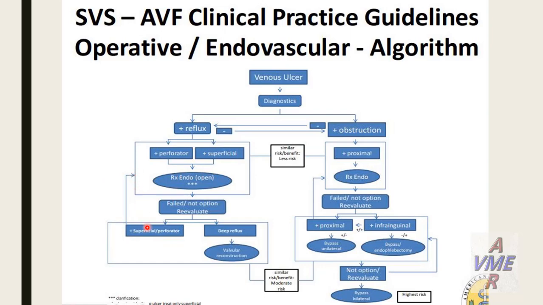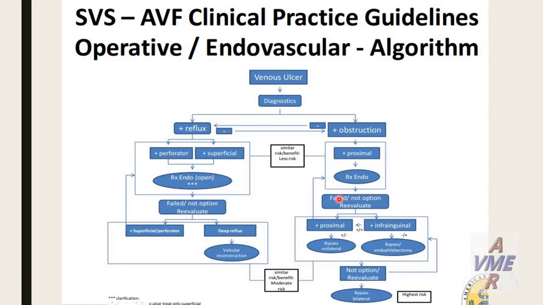And keep in mind there is also a refluxing deep venous system, for which the suggested treatment is valve reconstruction.